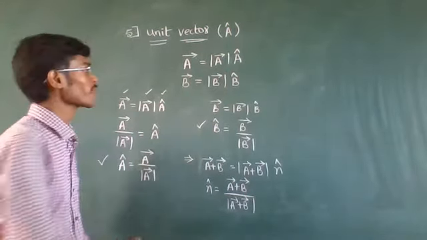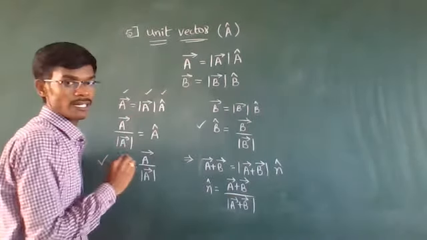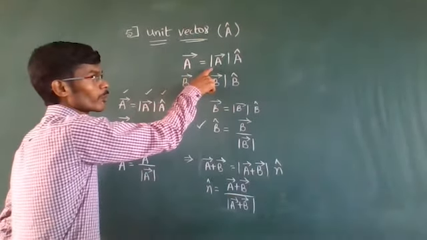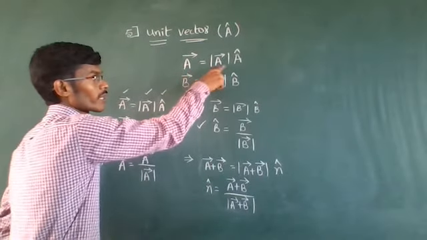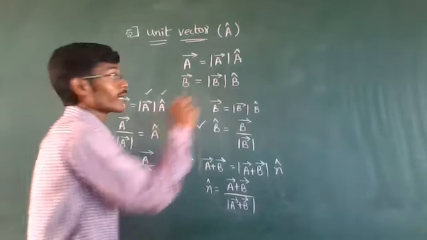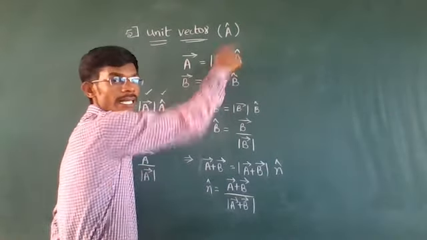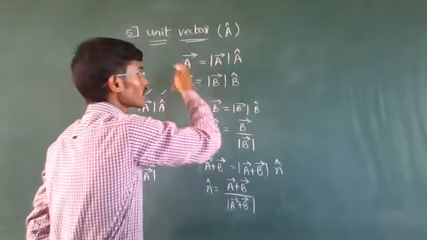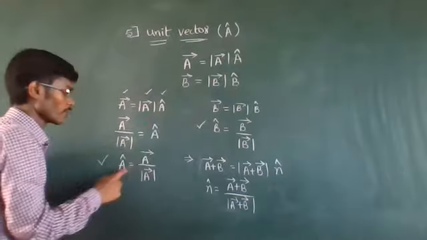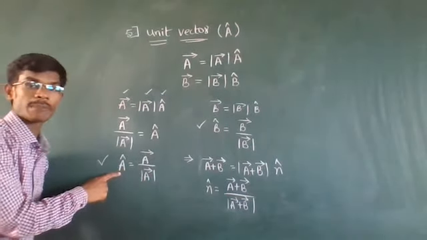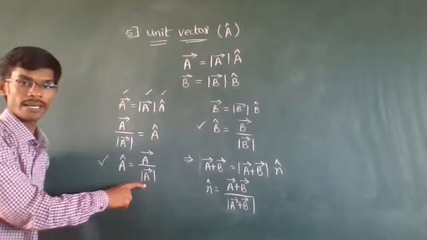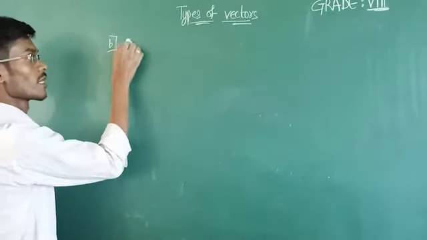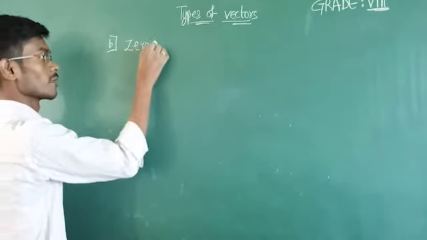A vector has both magnitude and direction. The magnitude of A bar vector is modulus of A bar and the direction can be represented with A cap. For this A bar, the unit vector can be written as A cap is equal to A bar by modulus of A bar.